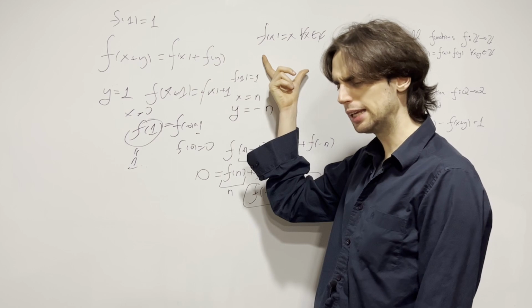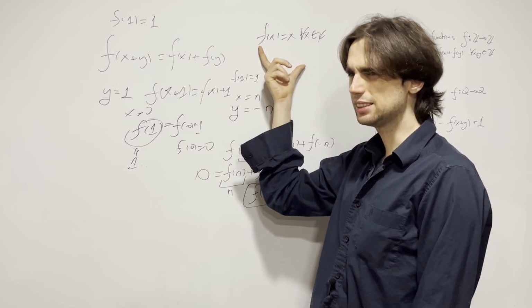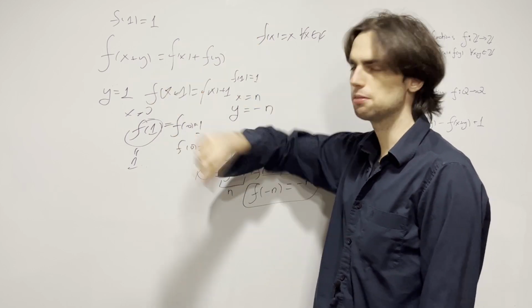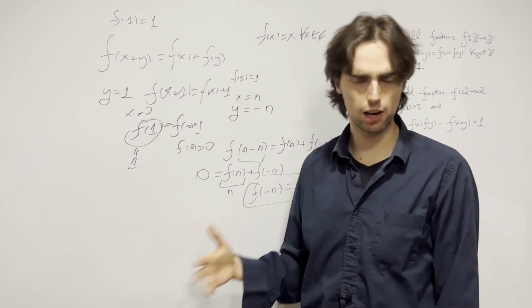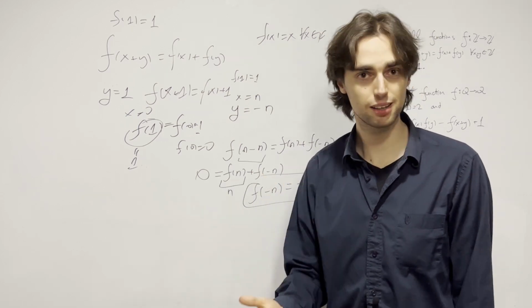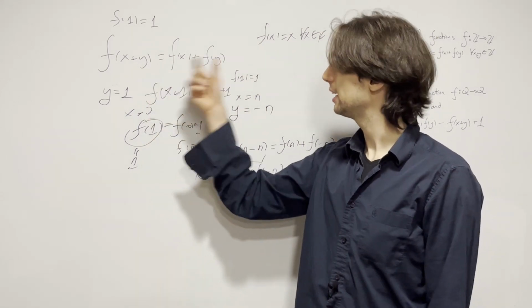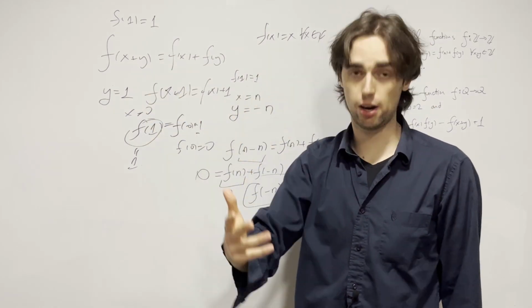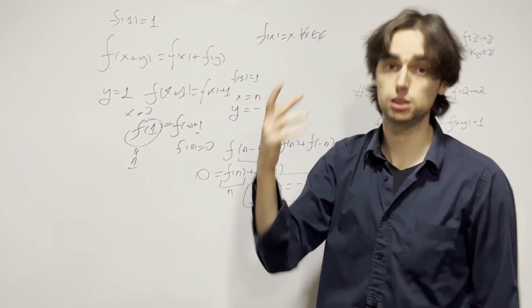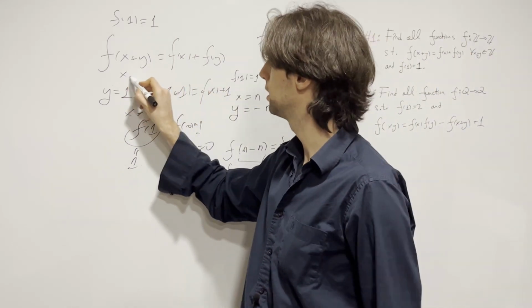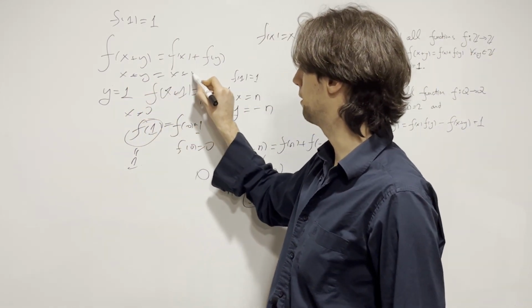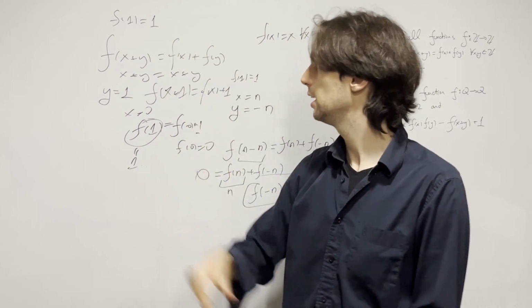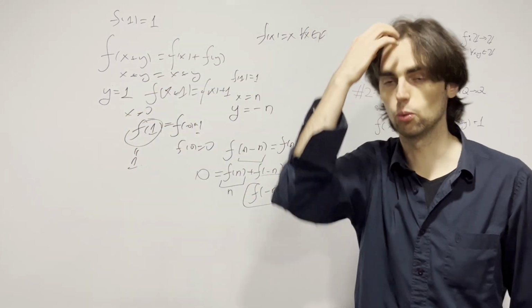But the question is, does this equation then hold for any other pair of x and y that we haven't plugged in? If this is what f is, is this true for any other pair? And here the answer is yes, because now f of x plus y is going to be equal to f of x plus y, and this is true for every pair of x and y.